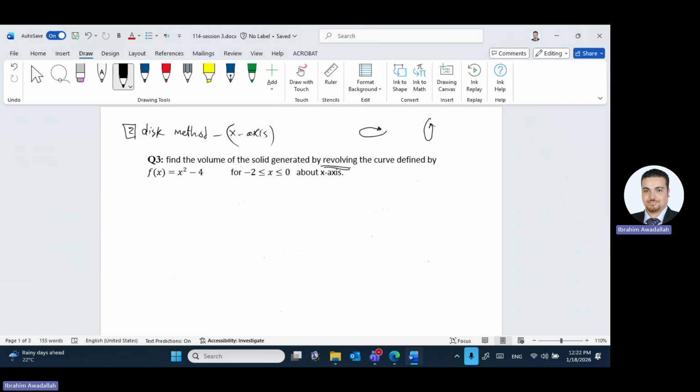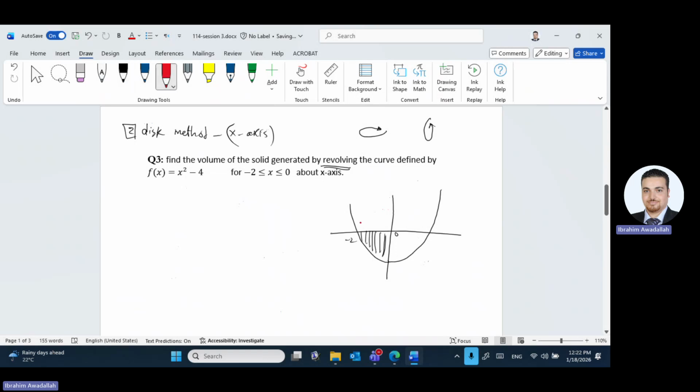We will study the washer method next lecture, inshallah. See with me, we have x squared minus 4, so x squared minus 4 is almost like this, from minus 2 to 0. That means this is the part that we talk about, not all the graph. This is minus 2, this is 0.